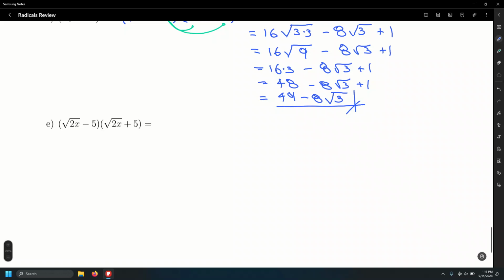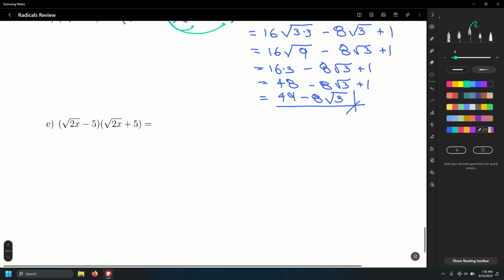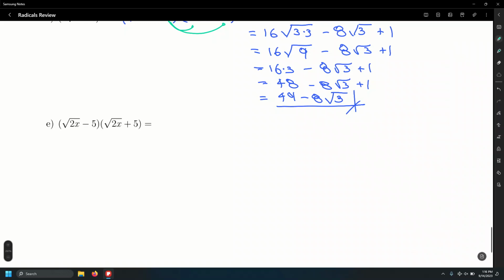A lot of you do the following approach. You did the FOIL approach, which I'm going to do, and then let me show you a shorter way to go about this one.